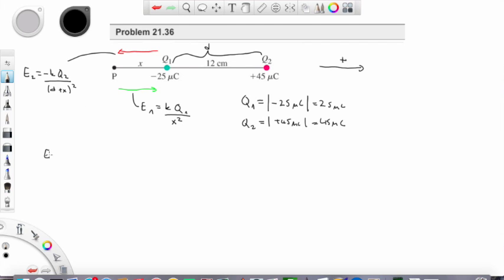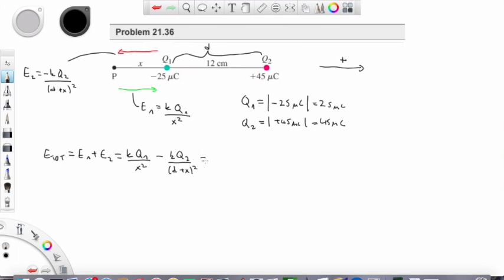So it is simply E1 plus E2, which is k times q1 over x squared minus k times q2 over (d plus x) squared.